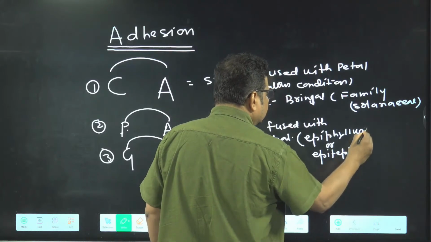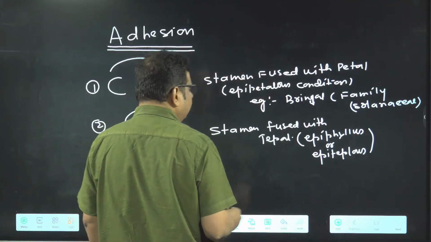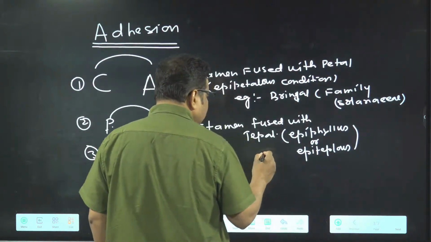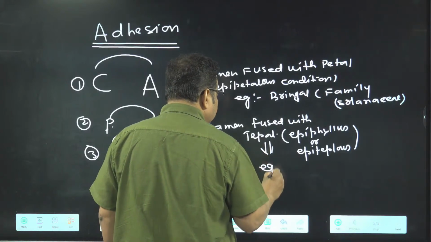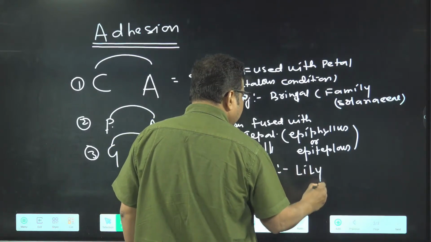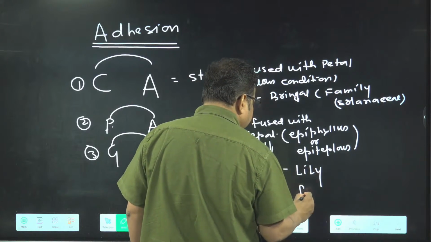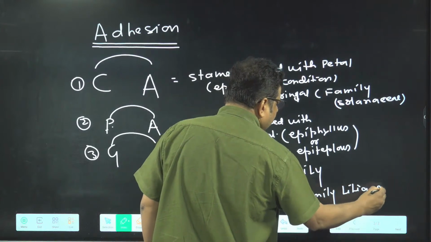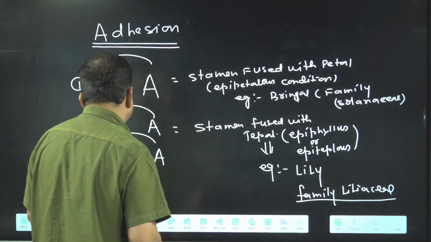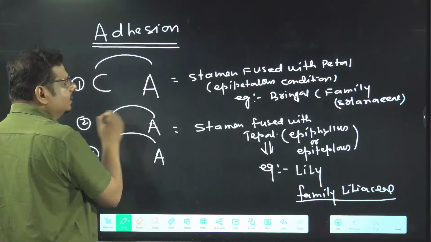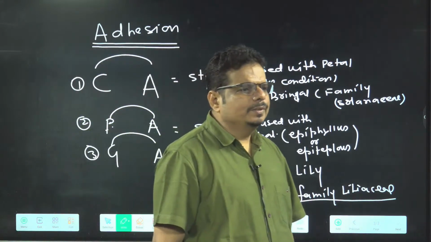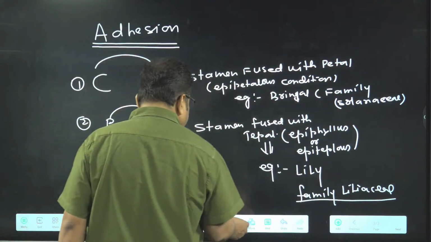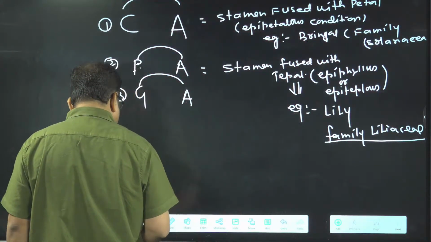Both are the same thing. An example that belongs to this second category is lily. And it is present in family Liliaceae. So in members of family Liliaceae, you will find this particular condition. You will find stamen is fused with which one? Perianth. Getting the idea?